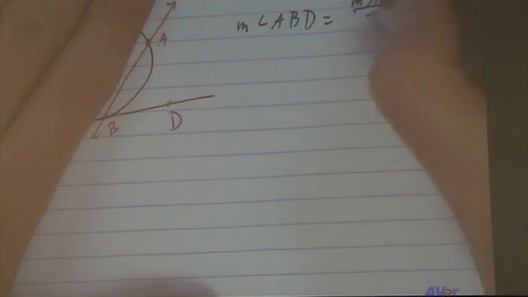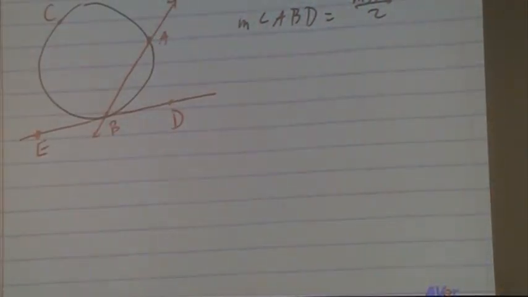So if we wanted to find the measure of angle ABD, this little one right here, so I'm going to ignore this one here, measure of angle ABD, I take this arc and divide it by 2. So all you do is find the arc, divide by 2. That's pretty similar to an inscribed angle, because we did the same type of deal there.